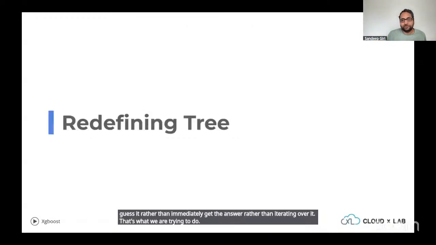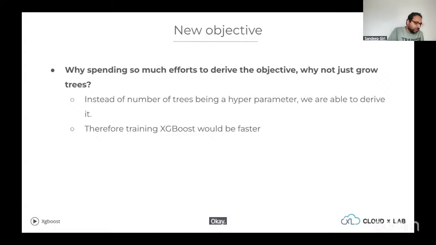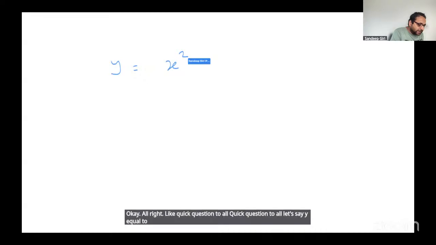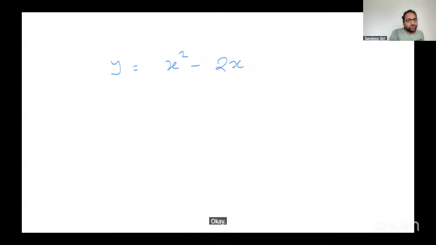Quick question to all: let's say y equals x square minus 2x.